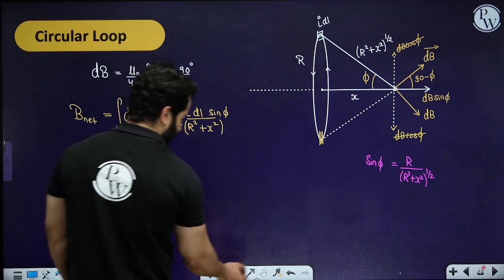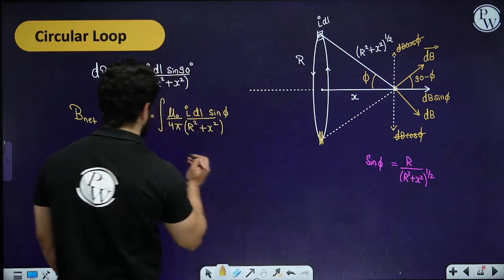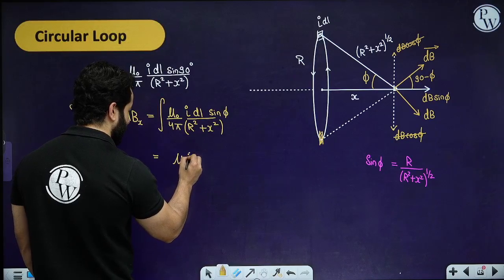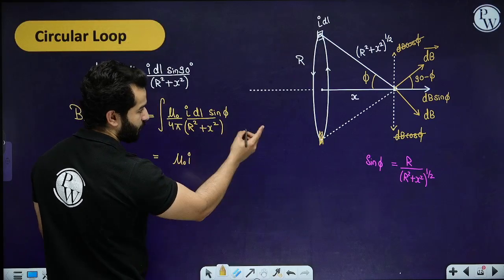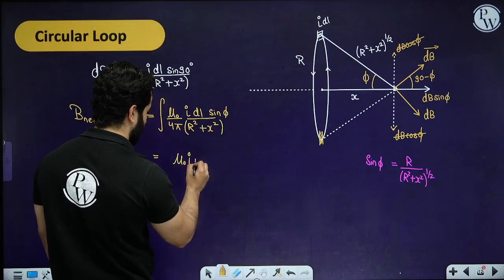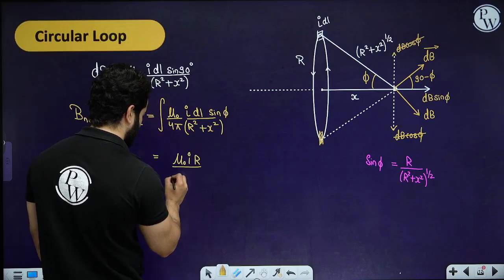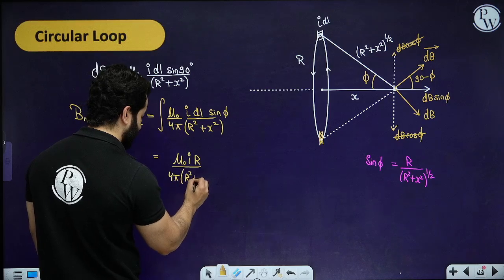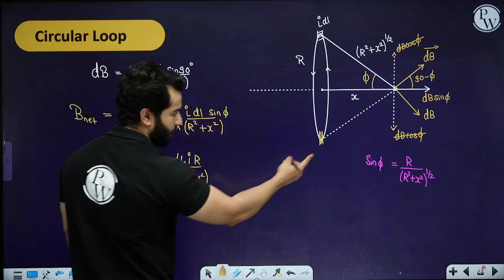So now we'll be left with, I can take out this mu naught I. Instead of sine phi, I can actually write r. I can write r upon 4 pi. And I already have r square plus x square. And then I have also got 1 by 2 over there.